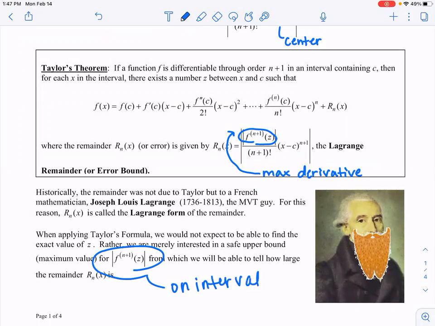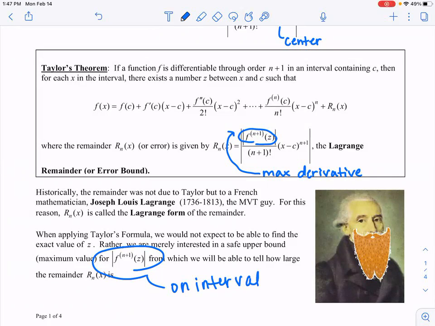Okay, what do I mean by interval? Well, we are going to use our Taylor polynomials to approximate. Like the first example that we're going to do, we have a Taylor polynomial that is centered at 2, but we're going to use it to approximate x is 3.